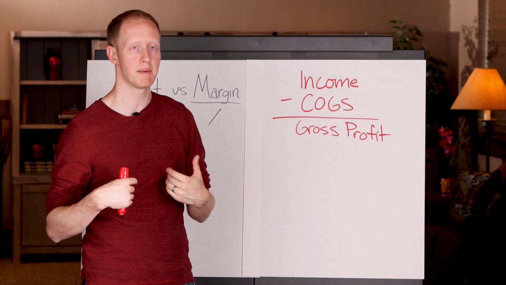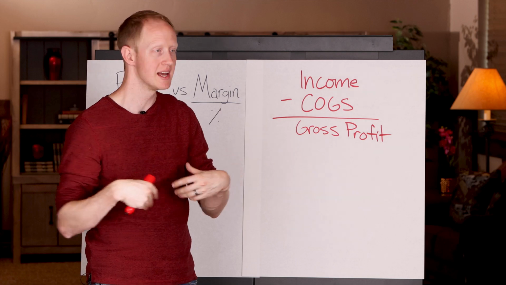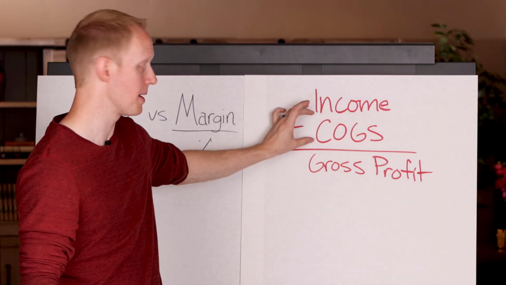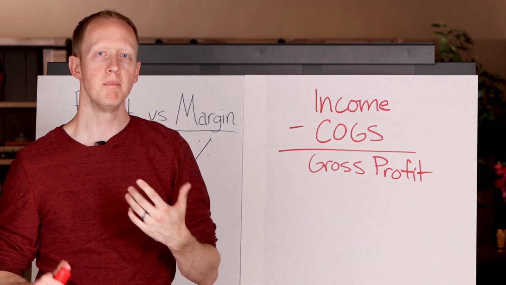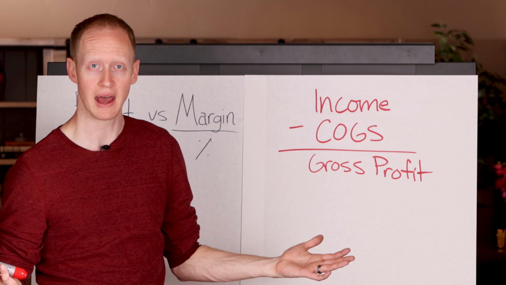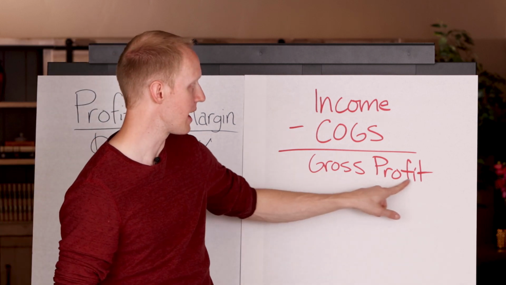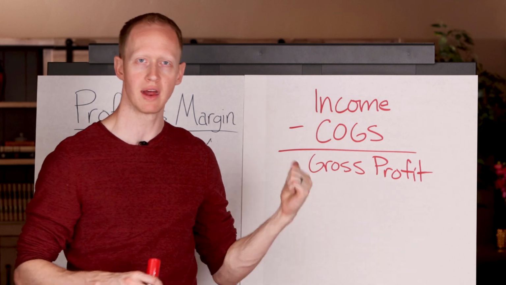Because I like to see, for example, if I have an employee that is providing a service, I would almost always like to lump them under cost of goods sold because I am selling their time. However, many bookkeepers won't split that out. So I like to, and I'll ask them to do that. But that gives me my gross profit. So next, let's see how gross margin is calculated from that.